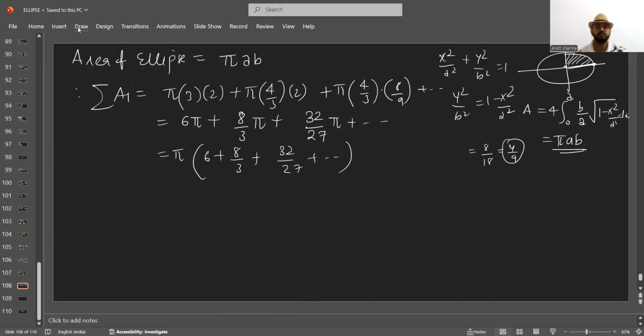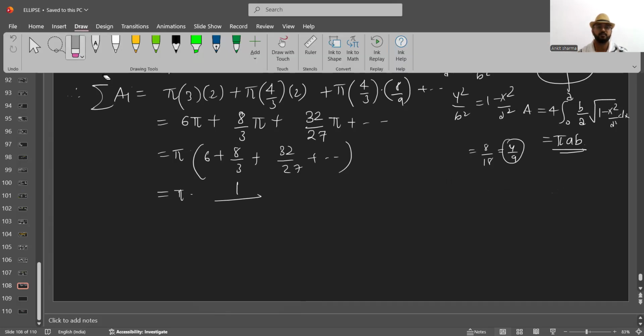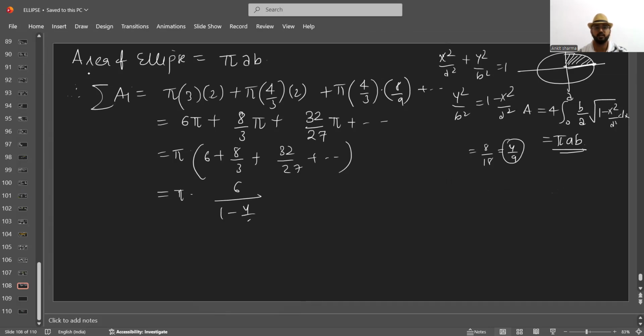So we can simply add it. This gives me pi times, the first term is 6, so 6 over 1 minus 4 by 9.